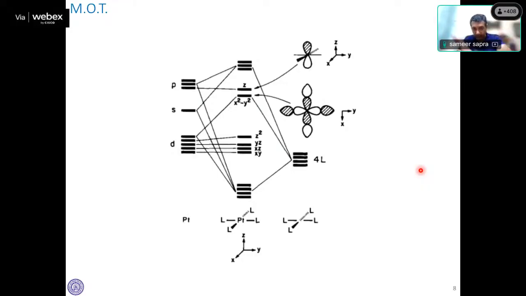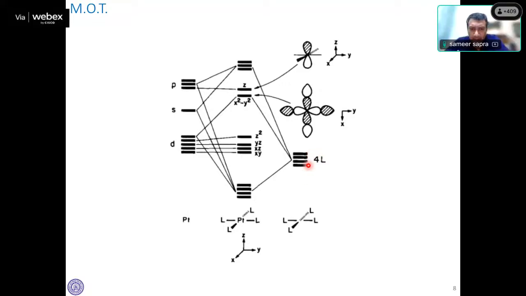Before I go into anything else, this is what the ligands are, and normally the ligands happen to have a lower energy compared to the metal. So the d, s, and p orbitals of platinum, and the most likely s orbitals of the ligands, or sp hybrids of the ligands, whatever.